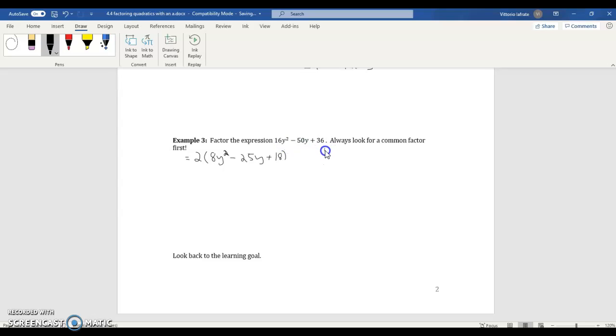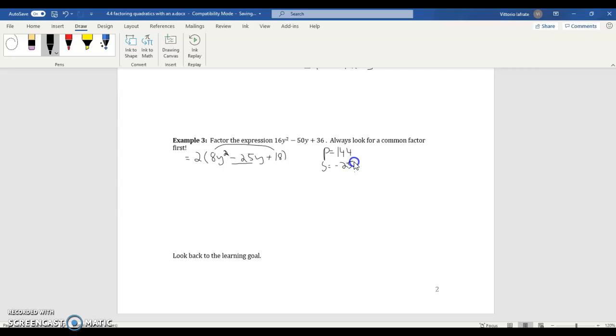Remember that we want to find two numbers that when you multiply them, they'll give you a product of a times c. In other words, of 8 times 18. And that's 144. And when you add them together, they'll give you a sum of b. So the sum should be negative 25.